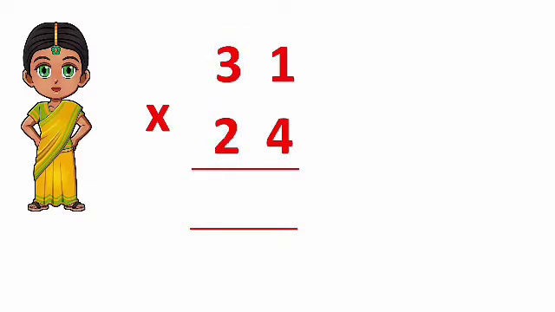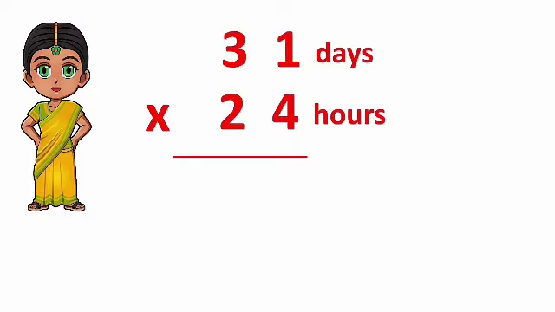Now 31 days into 24 hours. Multiply 4 with 1. We get 4. We write it in ones place, then multiply 4 and 3. We get 12. Write 2 in tens place and 1 in hundreds place. Now multiply 2 with 1.